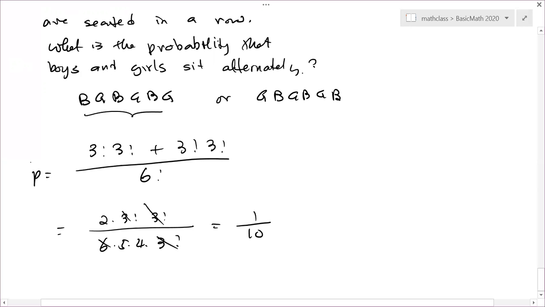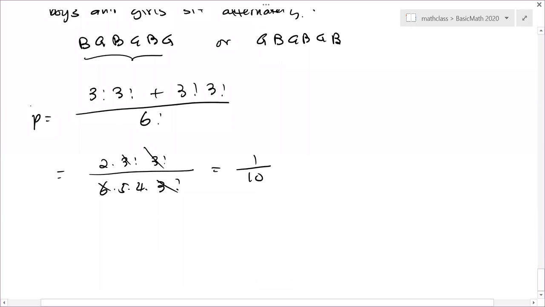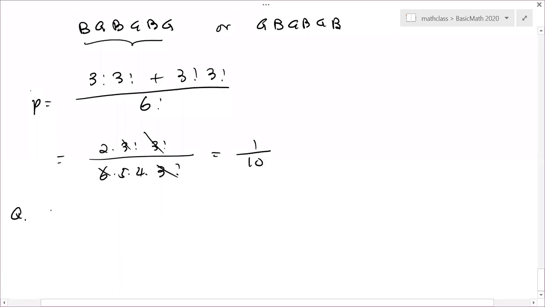Okay, let's try another one. Randomly write down a 2-digit number.